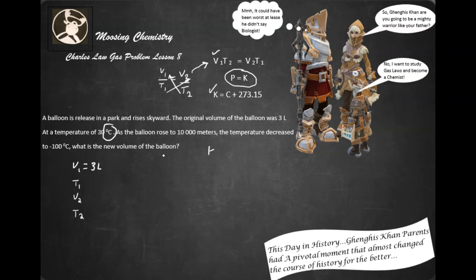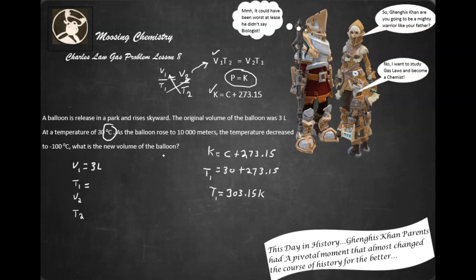So we go K equals C plus 273.15. Pretty simple, huh? So you just put a 30 there, and you add it to 273.15, and that gives us our new T1 temperature, and T1 is going to equal 303.15 K.